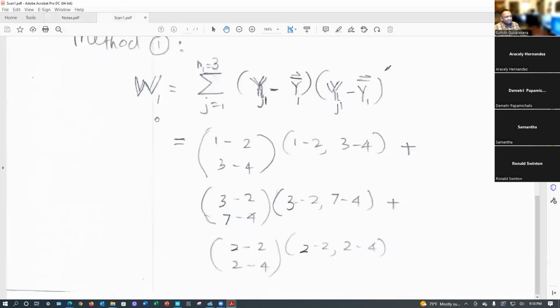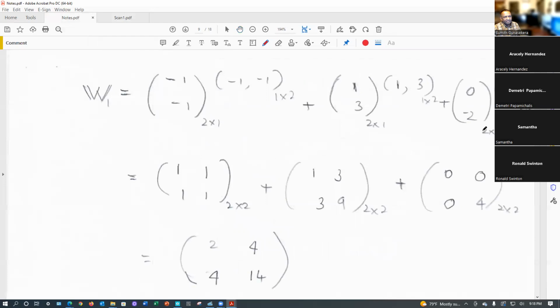The last entry is 0 and minus 2, then its transpose. That's how you get the 2 by 2 matrix. That's how they build up. You have to have the same numbers of columns and rows for you to get this multiplied.